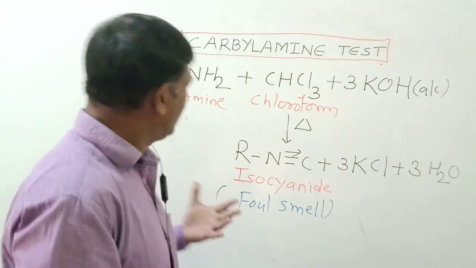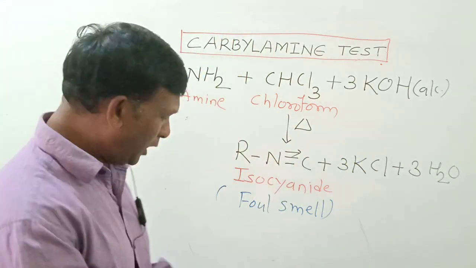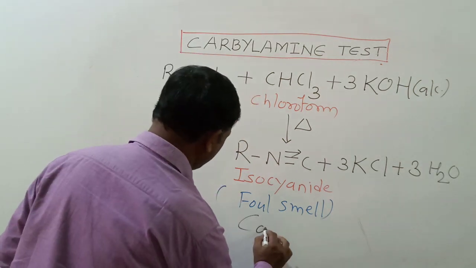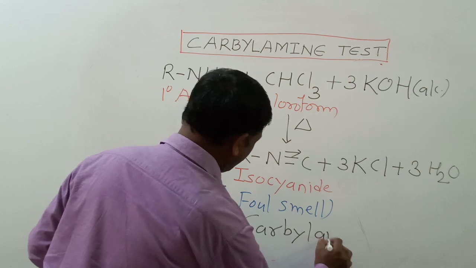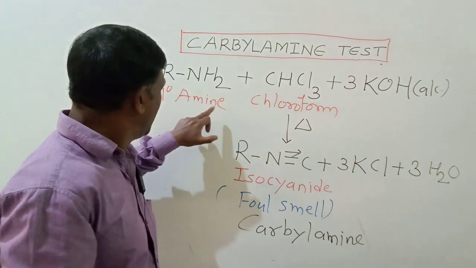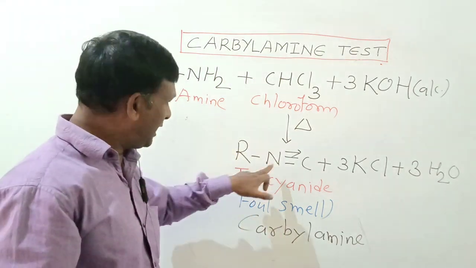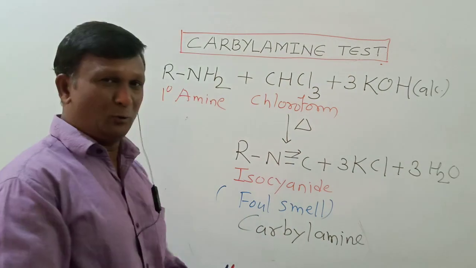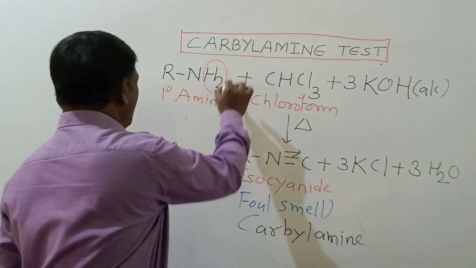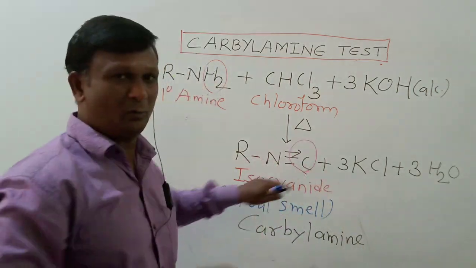Now the question is, what is carbylamine? So isocyanide is called carbylamine. If you look at the starting material RNH2 and the product RN triple bond C, you will find the simple difference: here is the presence of 2 hydrogens and here is the presence of carbon.